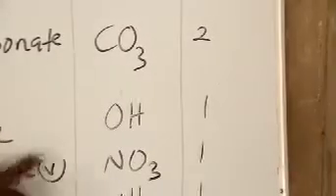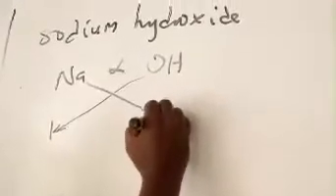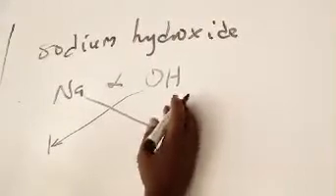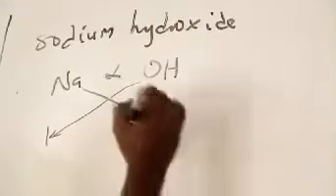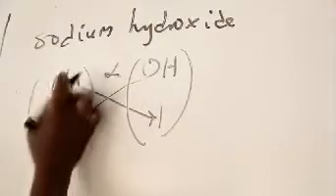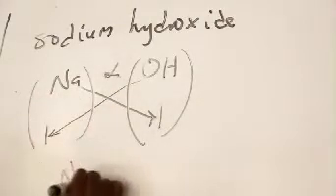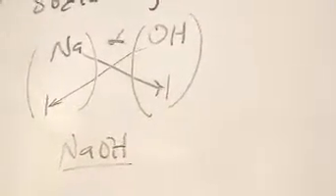The hydroxide has a valency of 1, so you bring down the 1 under sodium and draw another arrow to hydroxide, and the valency of sodium from video 1 is still 1. So you bring the bracket and put them. Whatever is here makes the formula for sodium hydroxide. That is very simple. Do you understand?